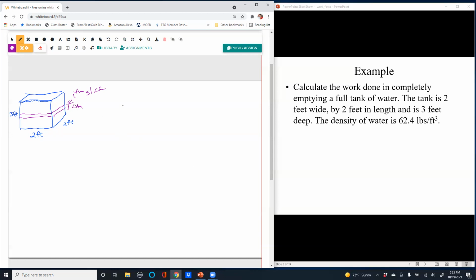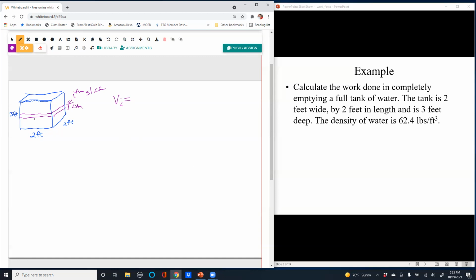Now, because we've got a 3D problem going on, and in the problem before we were given the mass, this time we weren't given the mass, so we have to work up to it. The first thing we're going to look at is the volume of the ith slice.